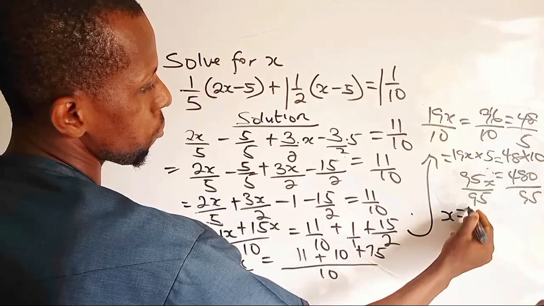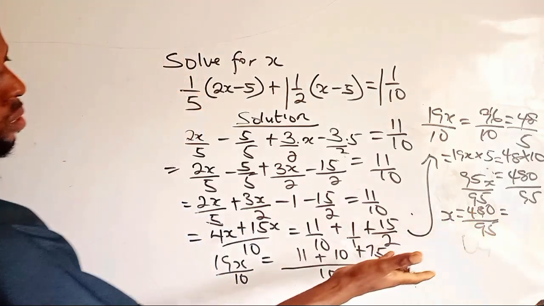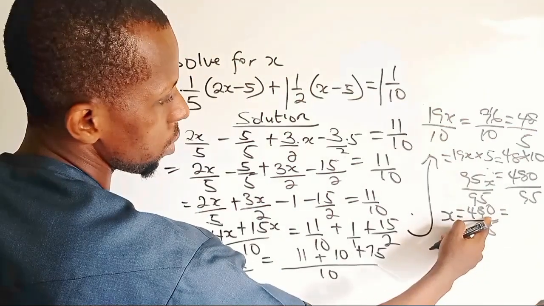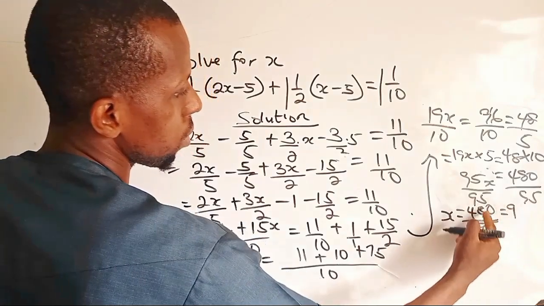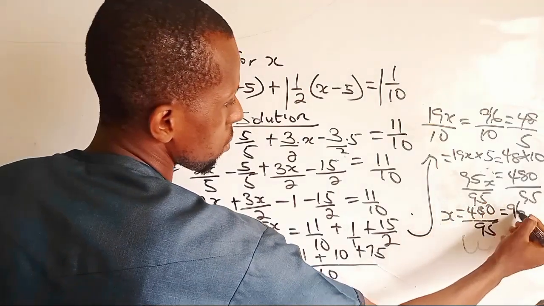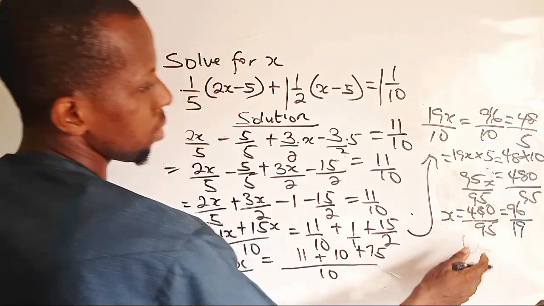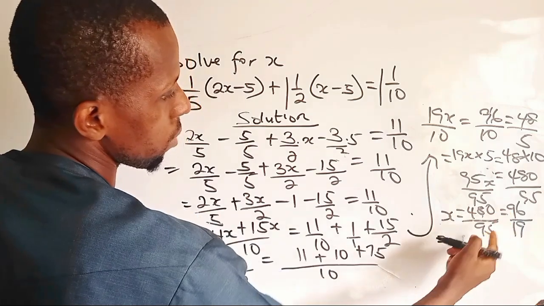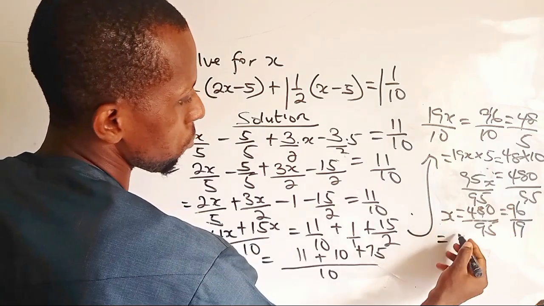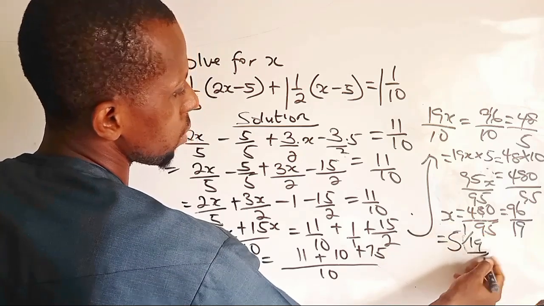So we have x to be 480 divided by 95. We can reduce this with 5. 5 in 480, 5 times 96 is 480, and 5 in 95 is 19. So we have 96 over 19. So to a mixed fraction, we should be having 5, and then 1 over 19.